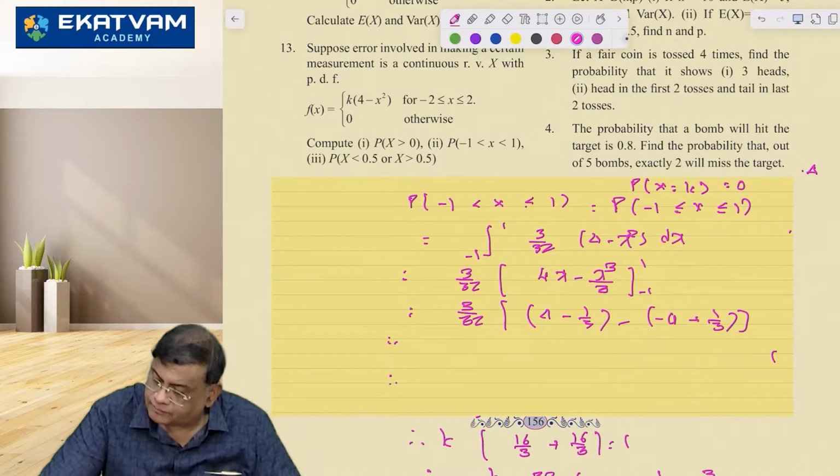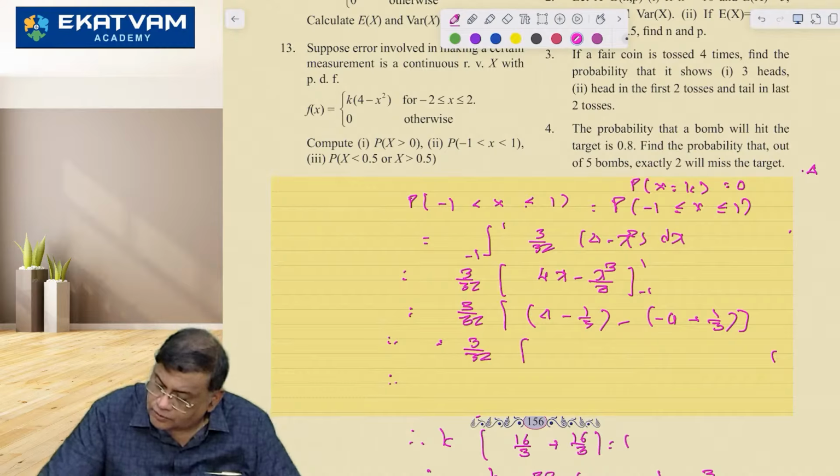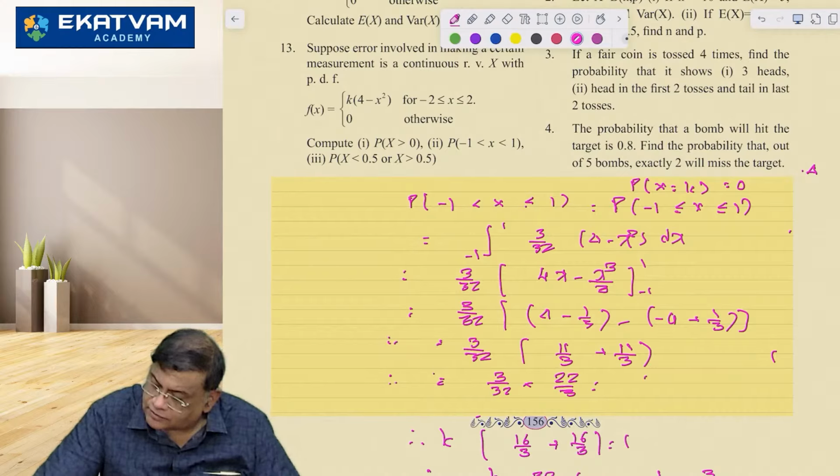It will become 3 by 32, 11 by 3, and plus 11 by 3, which is equal to 3 by 32 into 22 by 3, 3 will be cut, 22 by 32, 11 by 16.